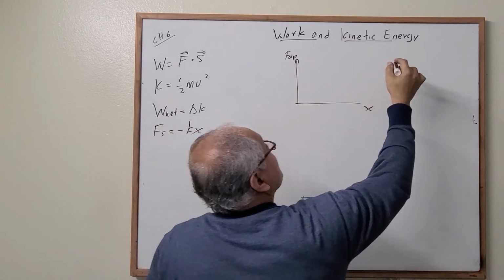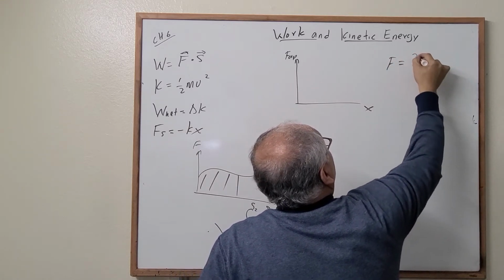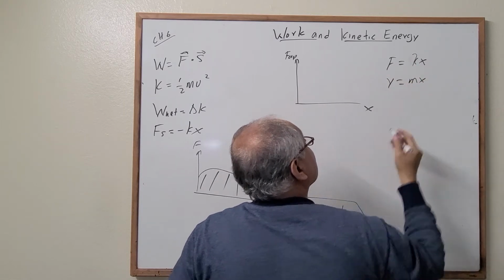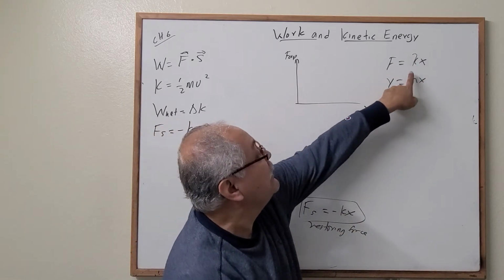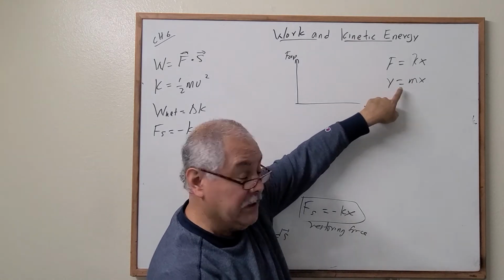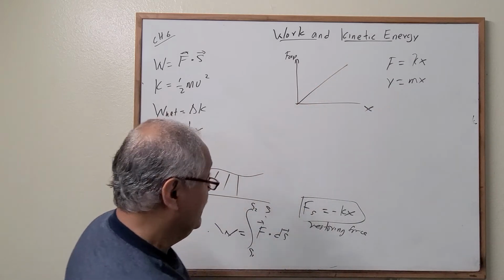So according to this, the force is equal to kx. Remember, this is similar to y equals mx, so k is going to be the slope. This is a linear equation, so it's going to look like that.